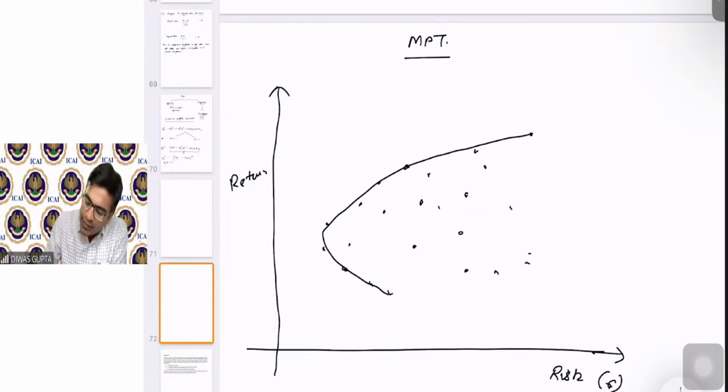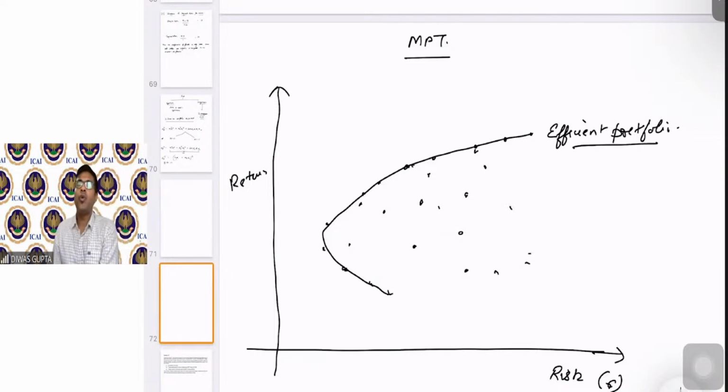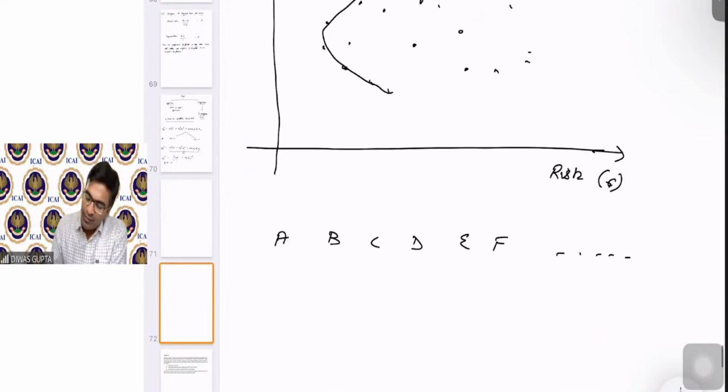All the portfolios on this arc will be the efficient portfolios. I'll explain what they mean by efficient portfolio. See, an efficient portfolio is something which is able to give you, at the same level of risk, a higher return, or at the same level of return, lower risk.